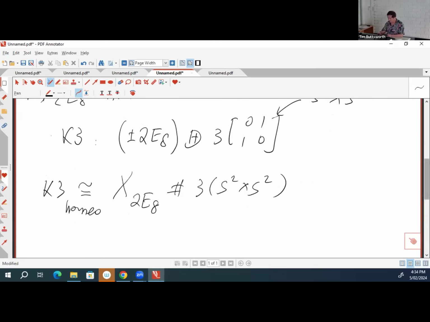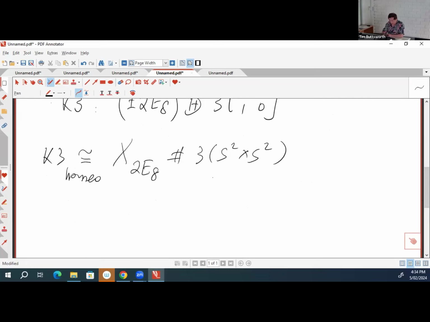And now we can find a closed submanifold which realizes this part. What I'm going to write. Okay, so maybe just jump ahead.